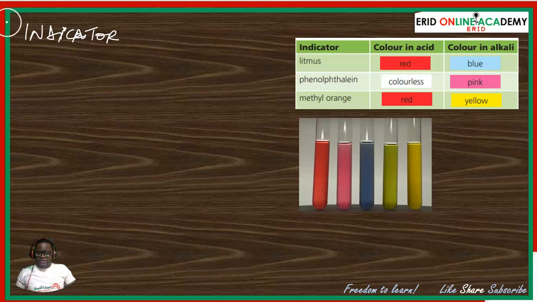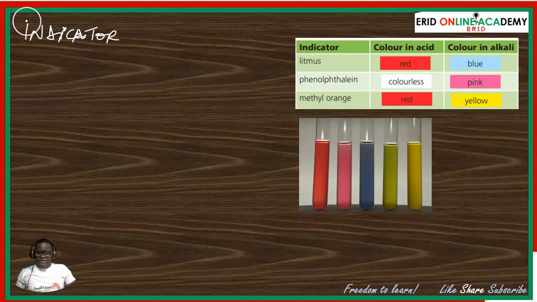So in chemistry, an indicator is a chemical that is used to identify the alkalinity or the basicity of a substance. A chemical substance that can identify a substance that is basic, or a substance that is acidic, is called an indicator.